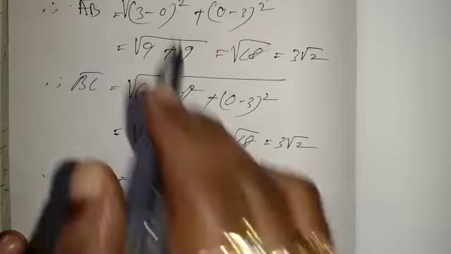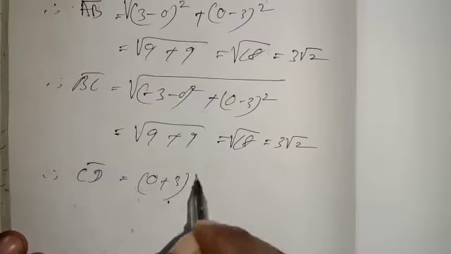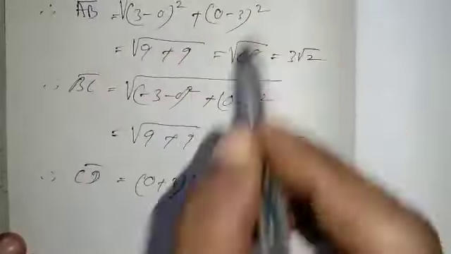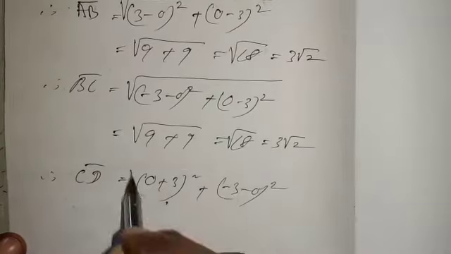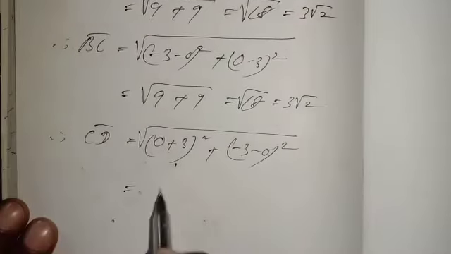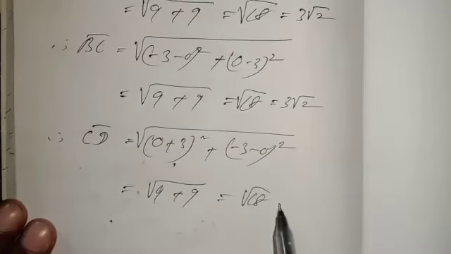CD is the same process: 0 minus 3, 0 plus 3, x2 minus x1, plus minus 3 minus 0 whole square, root over. That means 9 plus 9 is 18, root 18 means 3 root 2.